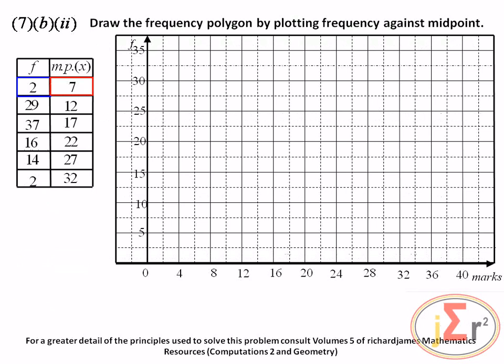So we have the midpoint is 7, so we go 7 along the horizontal axis and then up by 2, and of course our point will go right there. So we go 12 in the horizontal direction and up to 29. Then 17 and all the way up to 37.